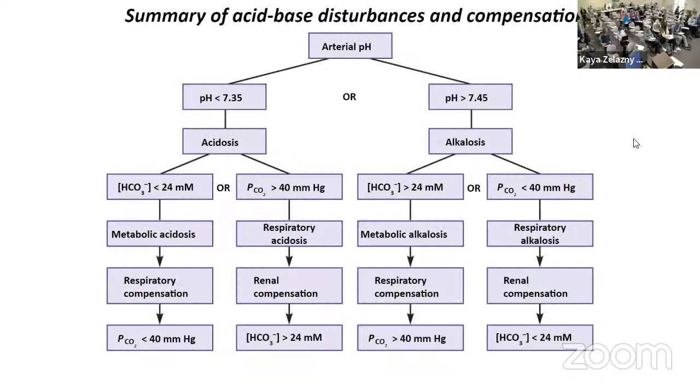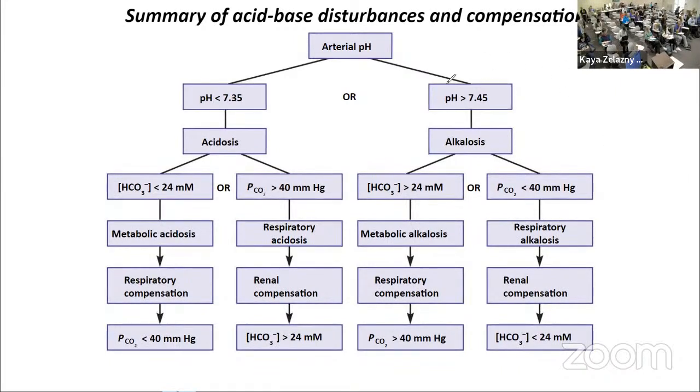Okay. So we could pull this all together in order to determine what's going wrong in someone's system and how we're fixing for it by taking some samples, essentially, of the blood. Okay. So if we were to get a number for our arterial pH, the first thing we do to figure out what's going on with a pH disturbance is to determine whether we are outside our normal range or not.